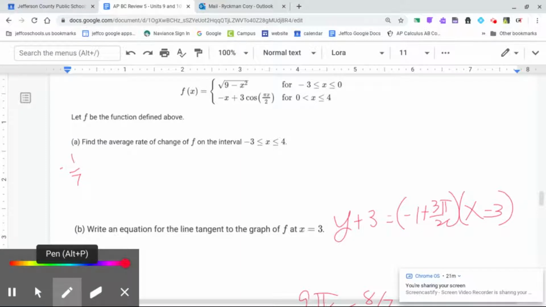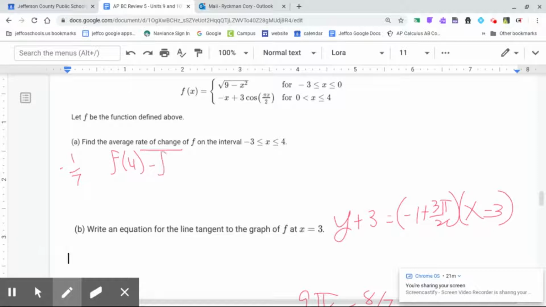All right, so the average rate of change, remember, differentiate between average value and average rate of change. Average rate of change is the change in f over the interval.